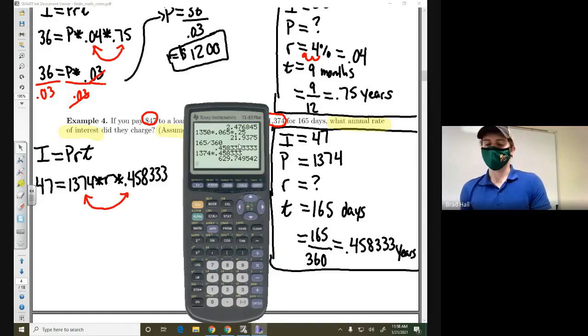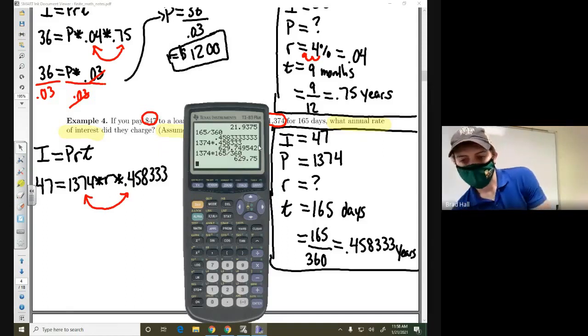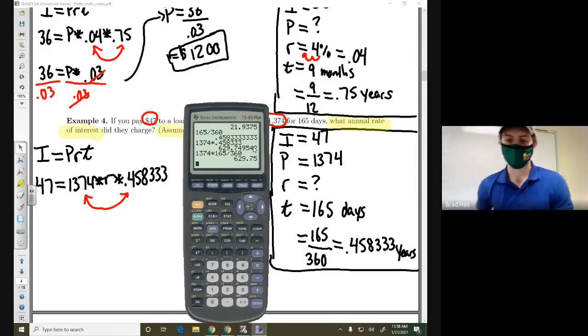And really, you'll get a different answer if you do that versus if you did it the other way. If you use all the digits, you'll get this number. If you don't use all the digits, you'll get this number. Both of them are fine. It's just rounding, but the rounding is okay because you used enough decimal places. To stay consistent, I'm going to use the one with more decimal places.